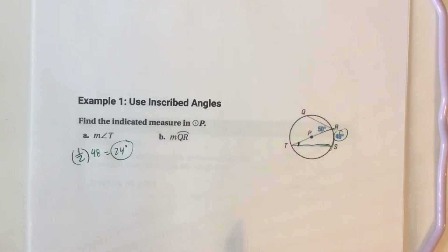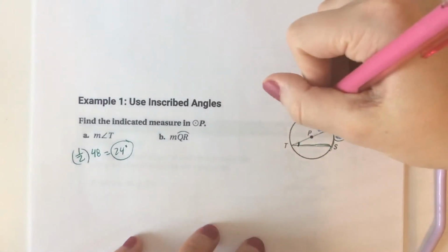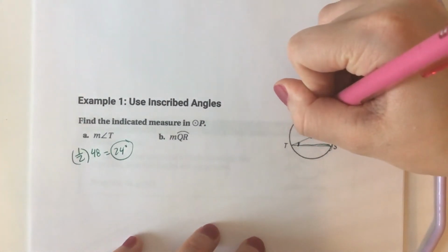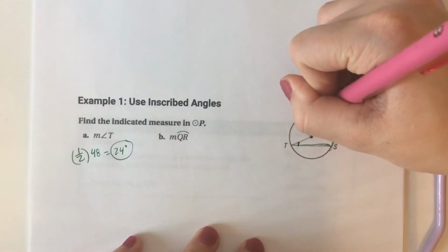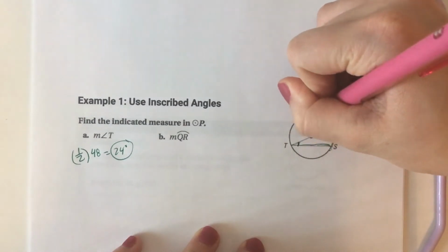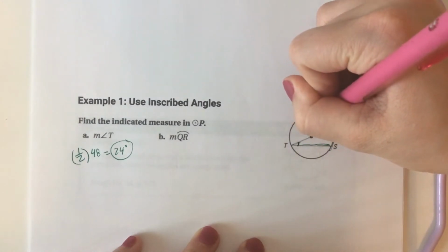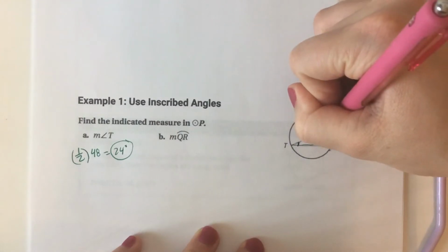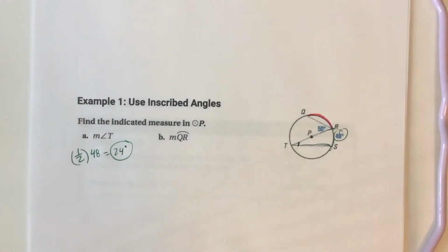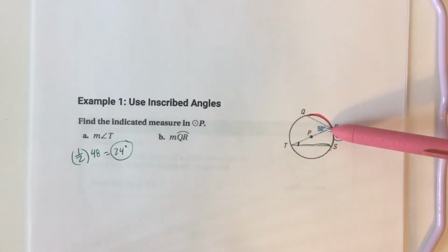Then for part B, find the measure of arc QR. Arc QR is this one right here, which I'm highlighting in pink. As of now, we don't have anything to tell us that right away, but let's see if we can piece a few things together. Something we're probably going to use is this 50 degrees, because it's given to us.